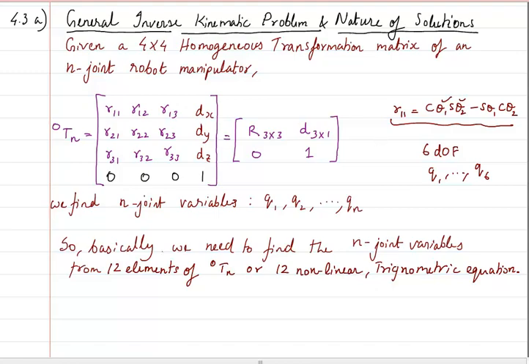Since R is orthogonal, out of these 9 elements, only 3 will be independent.